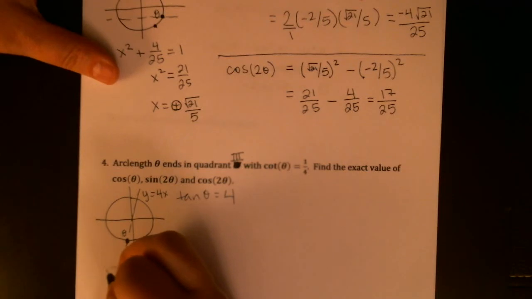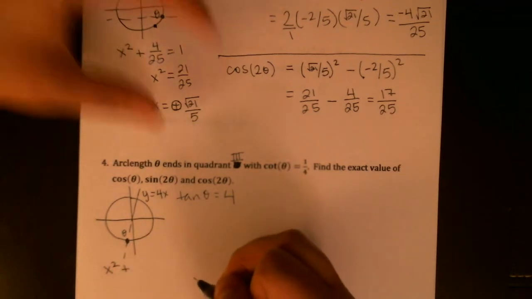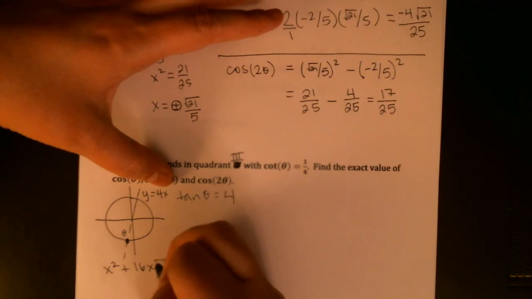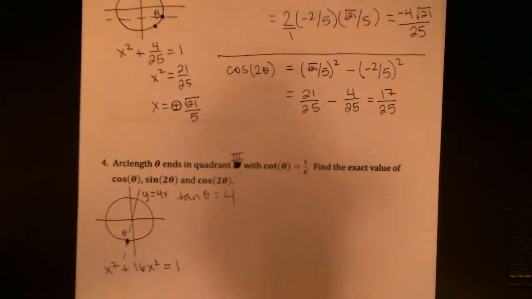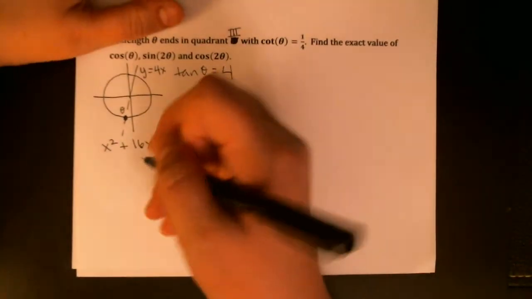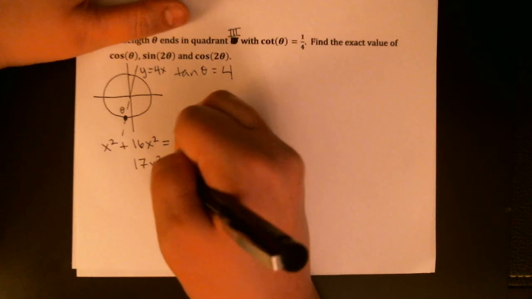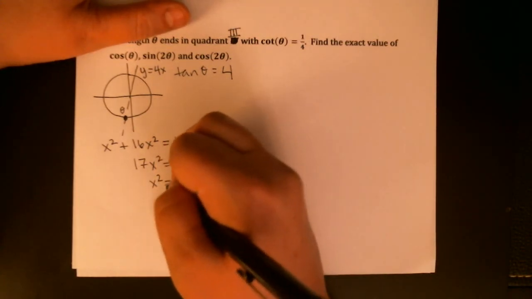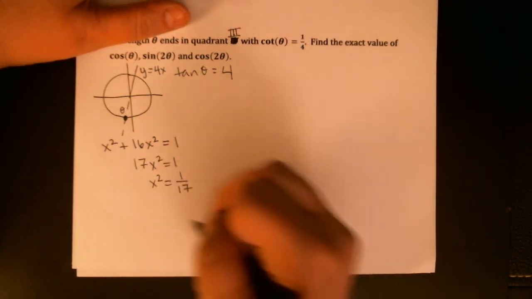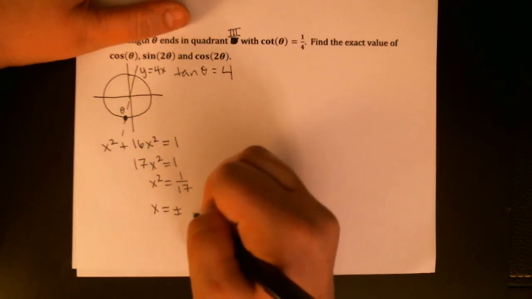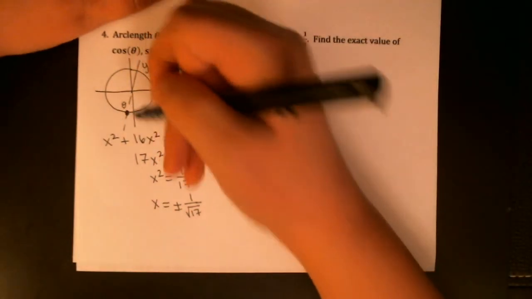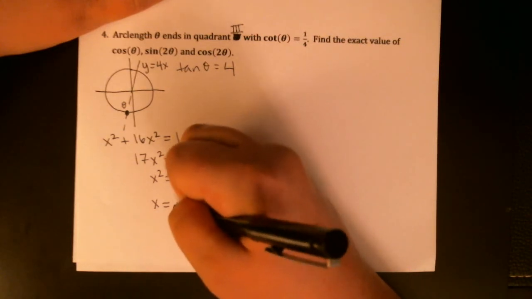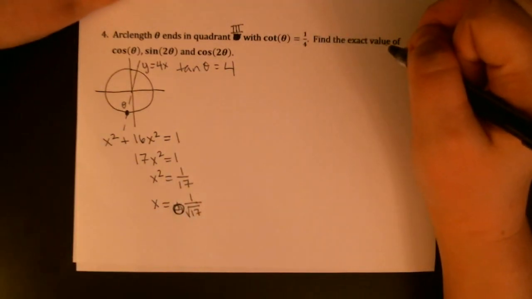So we can go to our Pythagorean theorem, x squared plus y squared equals 1. Since y is 4x, we're going to get 16x squared plus x squared is 1, which means that 17x squared would equal 1, x squared would equal 1/17, and x would equal plus or minus 1 over the square root of 17. Okay, so we decided we were in quadrant 3, so let's choose the negative x value.